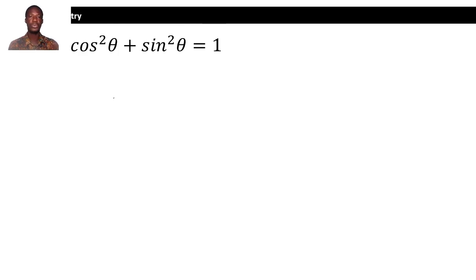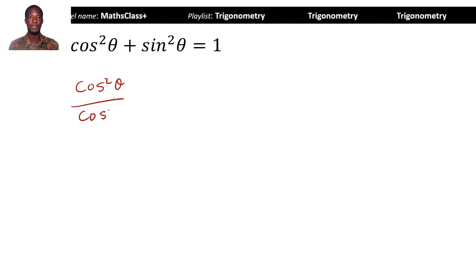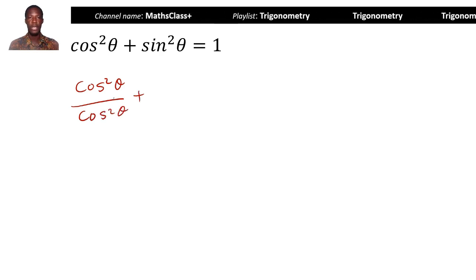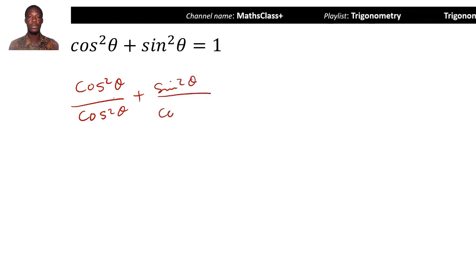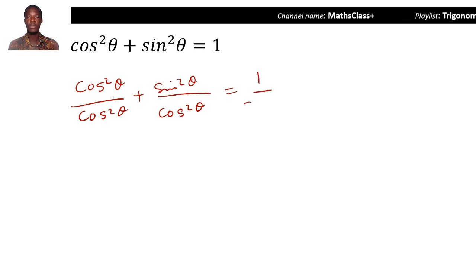We will now try to develop other identities from the Pythagorean identity. What we will do next is divide through by cos squared theta. So we have cos squared theta divided by cos squared theta, then sine squared theta divided by cos squared theta, then 1 divided by cos squared theta.